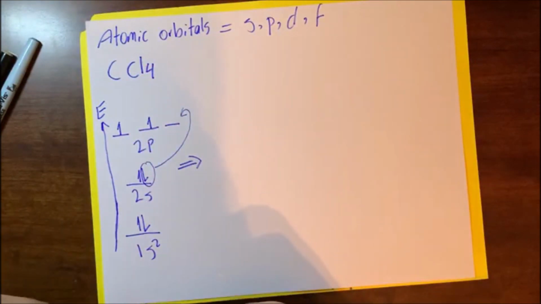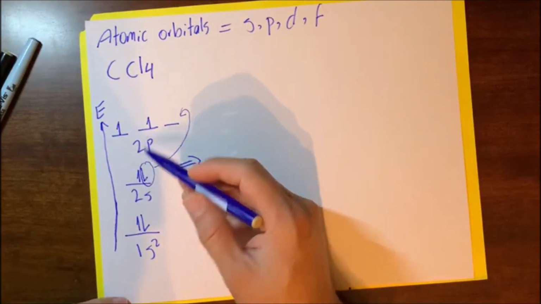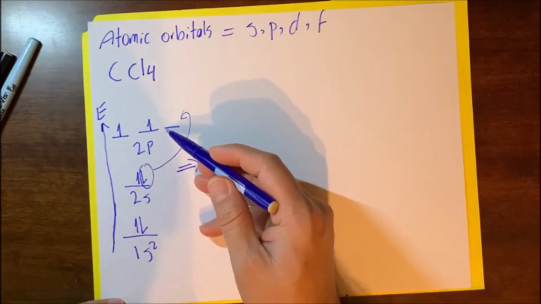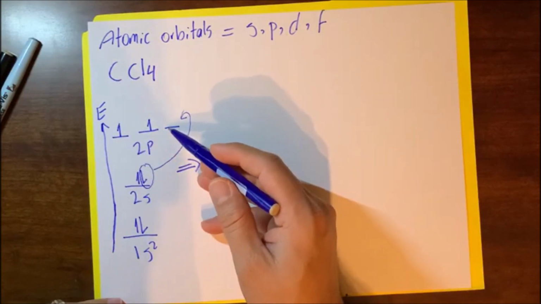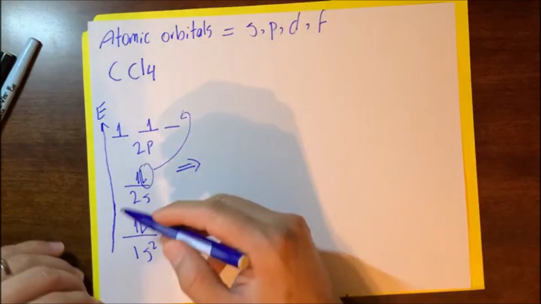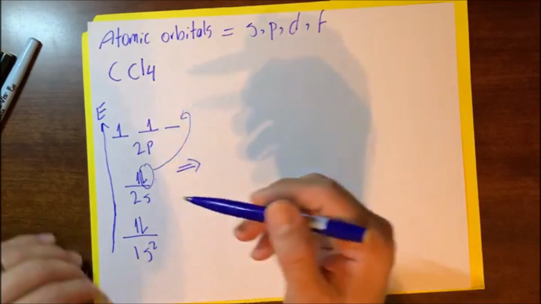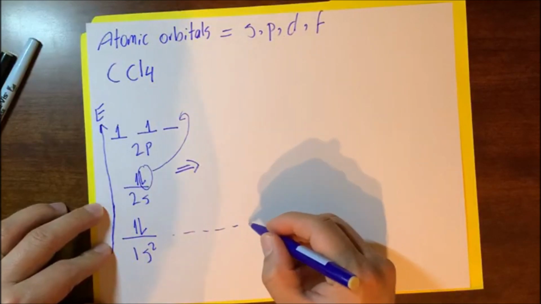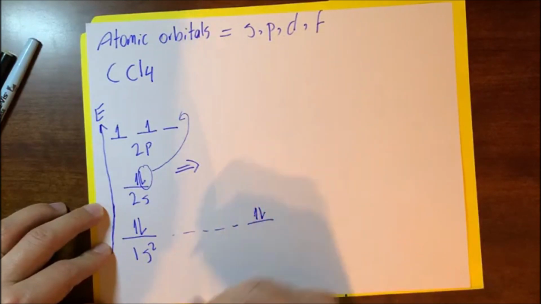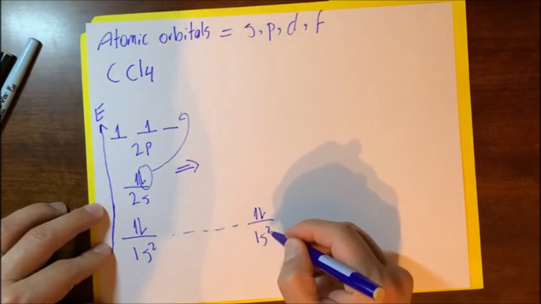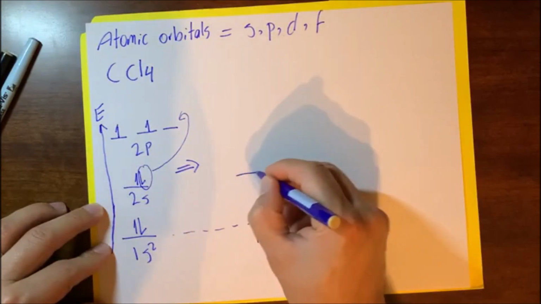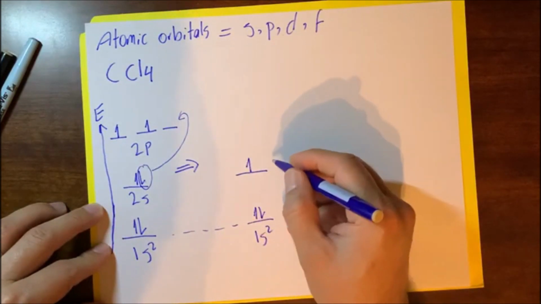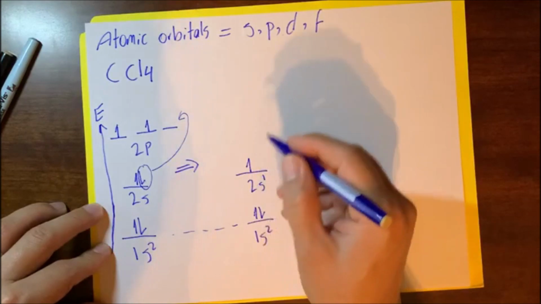So we take the electron, shoot it to a higher orbital, and not only that, we need to flip the spin of this electron up. So the first one stays as it is. We have 2 electrons in it. We call it 1s2. And then in the 2s, now we have only 1 electron.